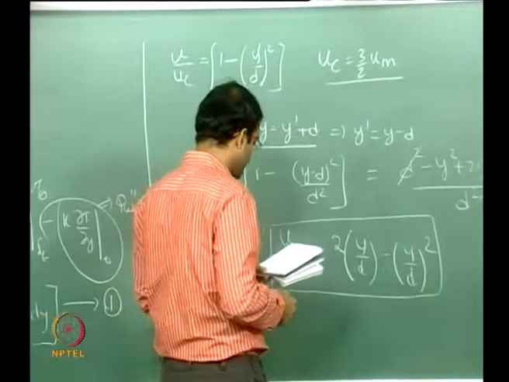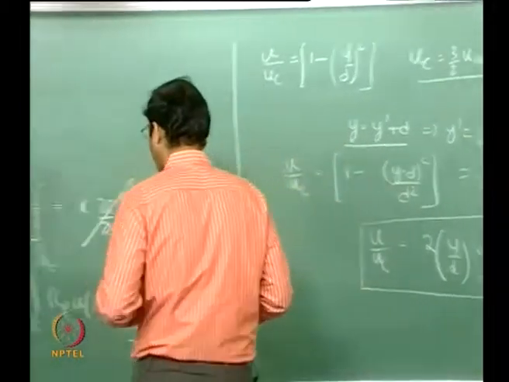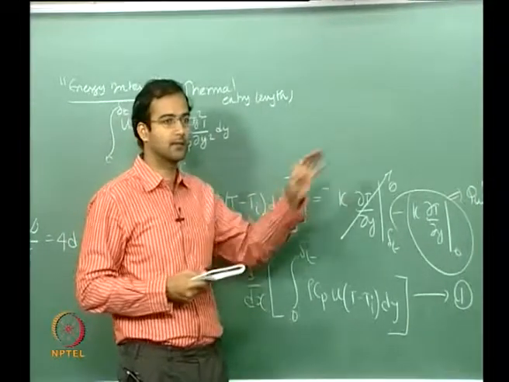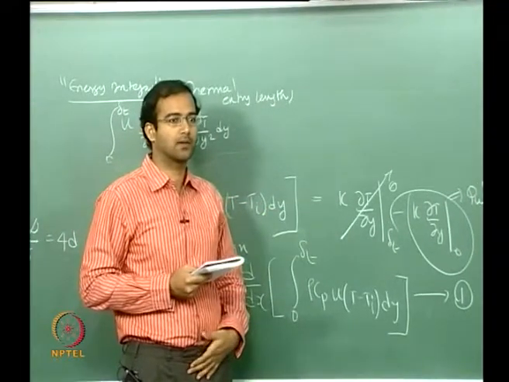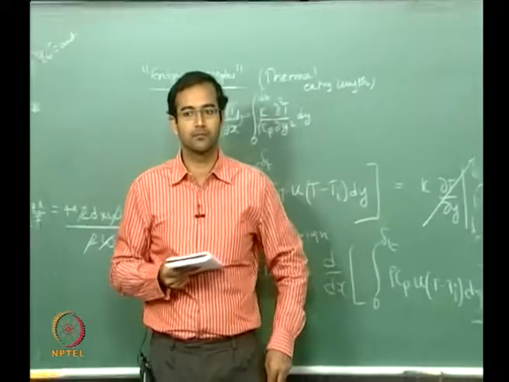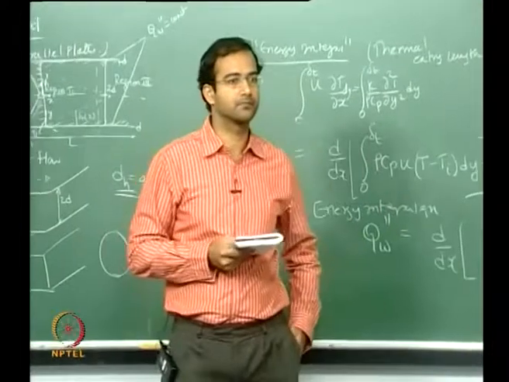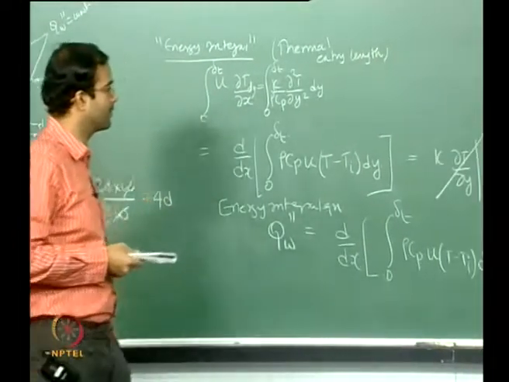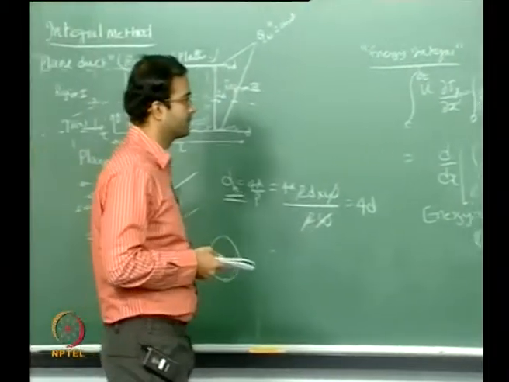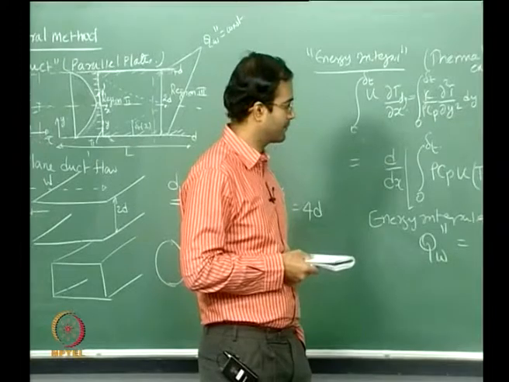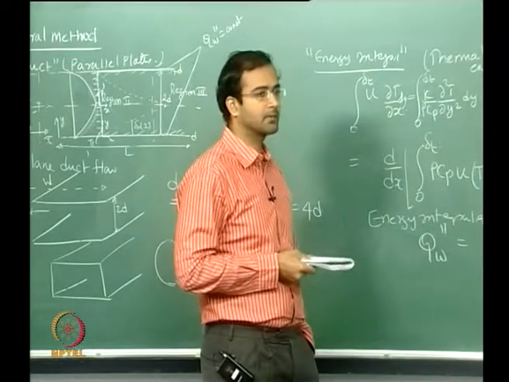So now once we know the velocity profile, what else? We have taken the exact analytical solution for the velocity profile. So what do we do next? Still we have not done anything approximate here, right?